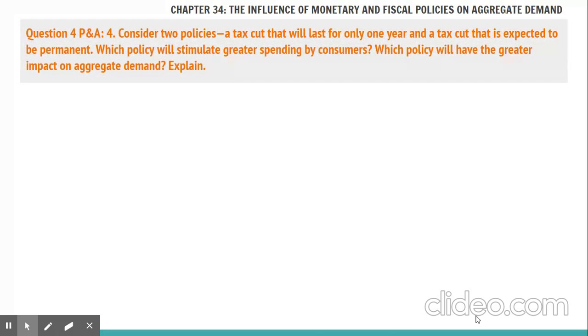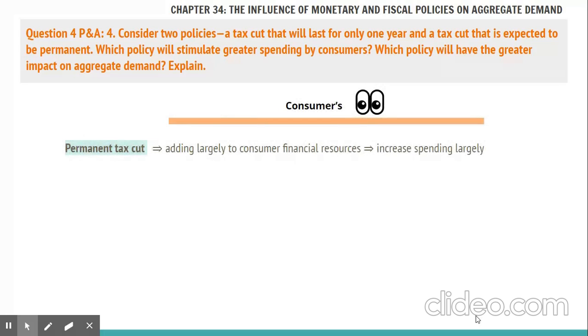Question 4, problems and applications. Consider two policies: a tax cut that will last for only 1 year and a tax cut that is expected to be permanent. Which policy will stimulate greater spending by consumers, and which policy will have the greater impact on aggregate demand? Explain why.